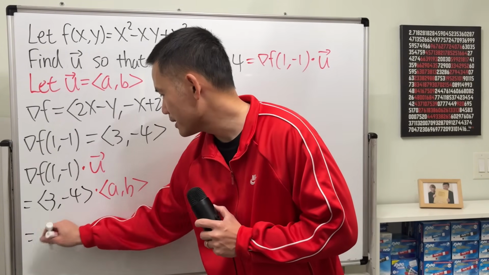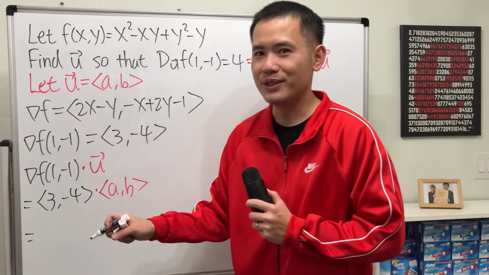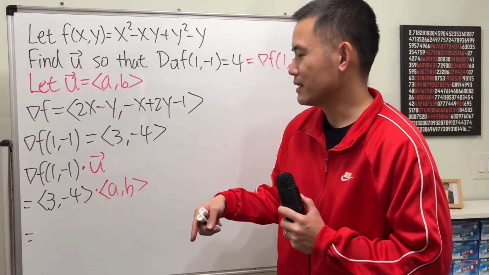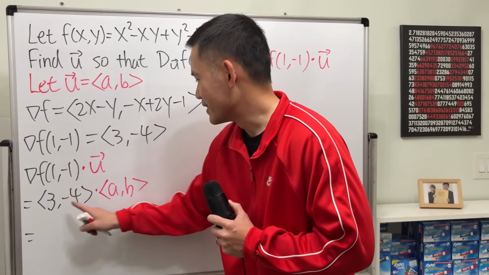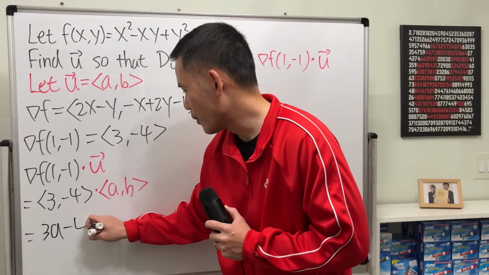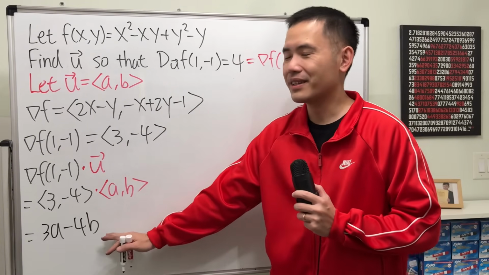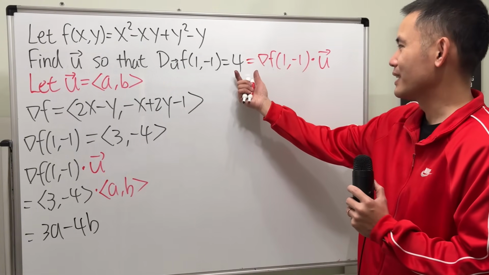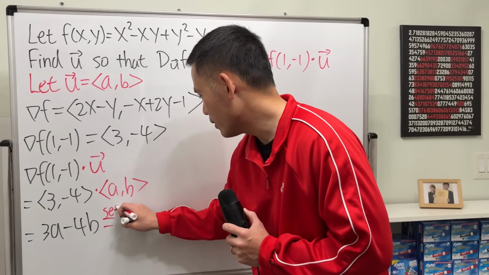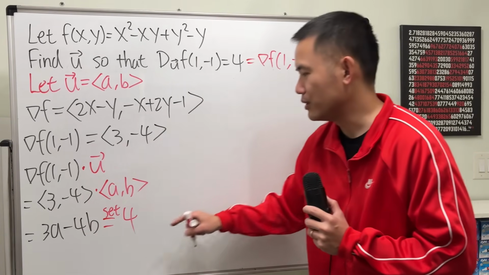And then the dot product: this times that is 3a, and then this times that is minus 4b. Alright, so that's how the answer should look, which should be equal to 4. So we have to set it equal to 4. So we have this condition.